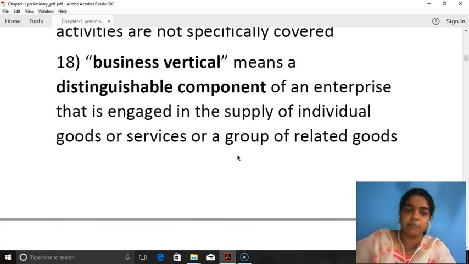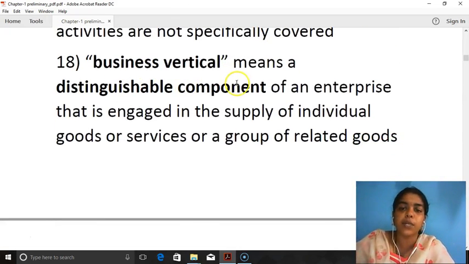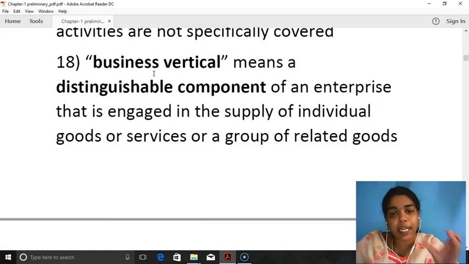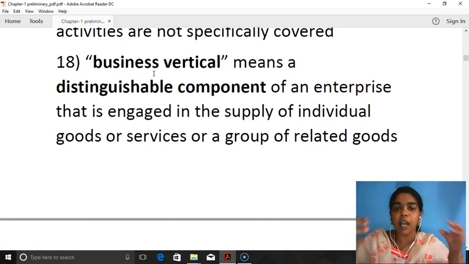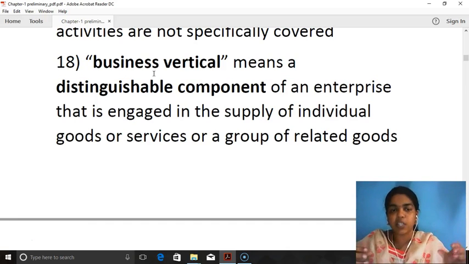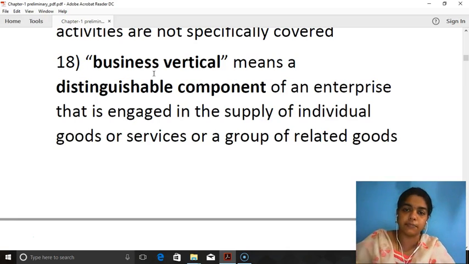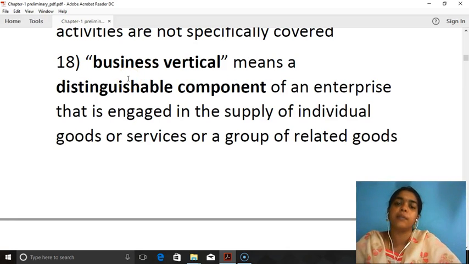Business vertical means a distinguishable component of an enterprise. Let us recall that AS 17 deals with segment reporting. So business vertical means it is a separate component of an enterprise that cannot be interlinked with another component, and as such it is separate in nature. So it is a distinguishable component.